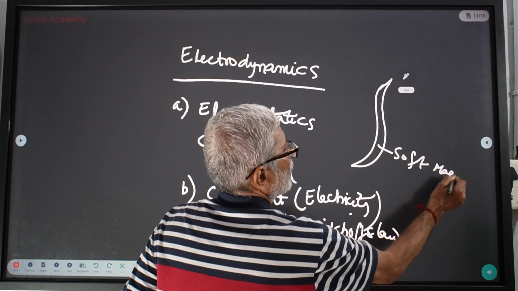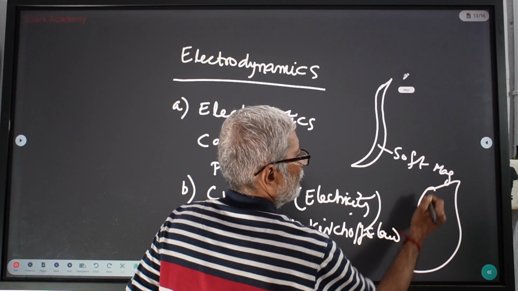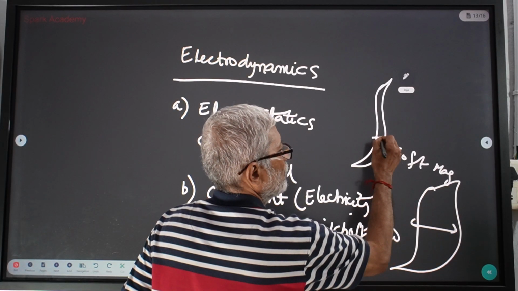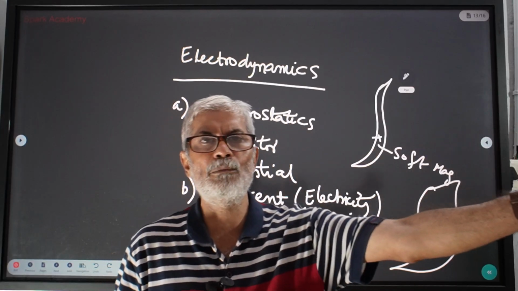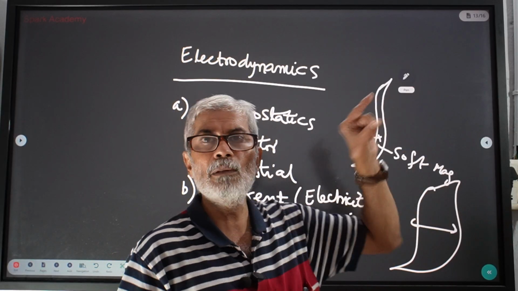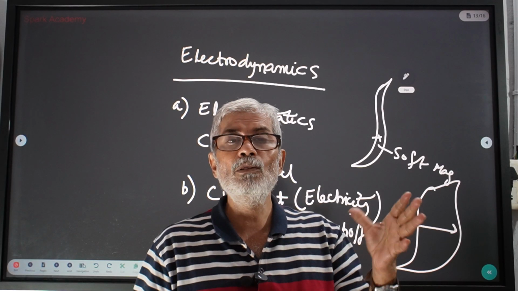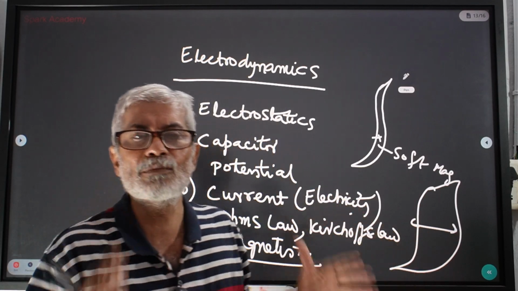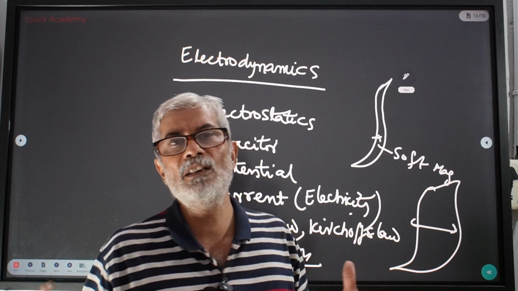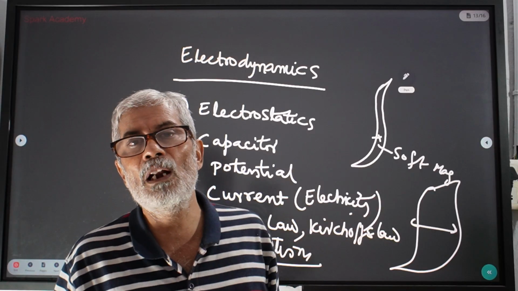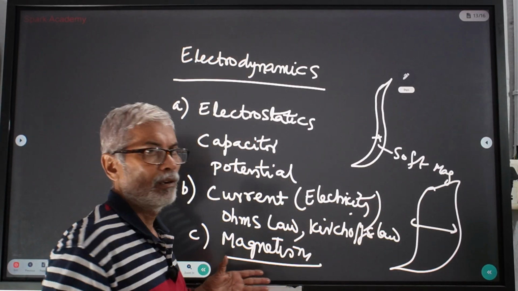For hard magnetic material, it will be fat. Hard magnetic material, permanent magnets, you use in the lab. Soft magnetic material you use for the core of a transformer. Then you will also study the transformer, efficiency of a transformer, when it is step up, when it is step down, what is the related formula. All those things you will be studying under magnetism.